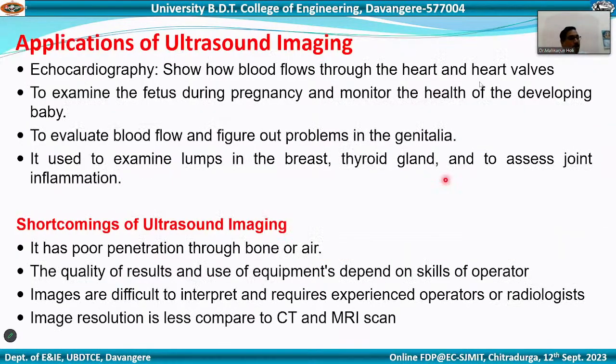Okay, so coming to the applications. Ultrasound imaging, echocardiography, is used to study the movement of the heart and the heart valves, and is also widely used to examine the fetus during pregnancy and to monitor the health of the developing baby.